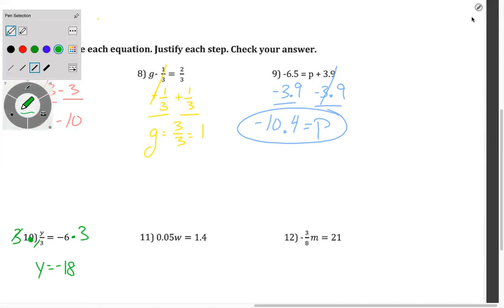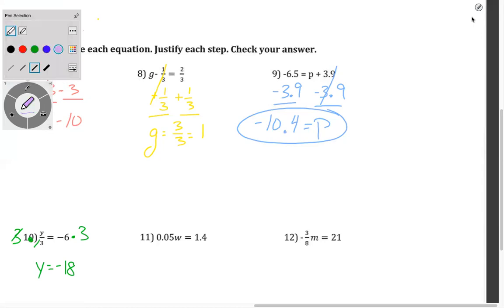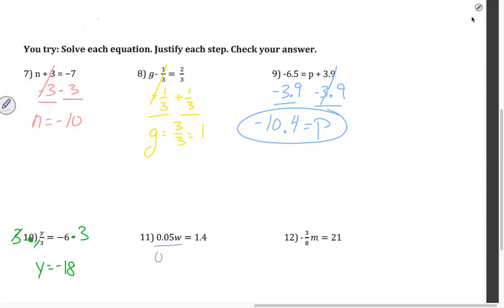Olivia, your favorite color is purple. All right, we'll do purple again. We'll do like a nice little lilac right there. All right, Olivia, how do I get rid of times 0.05? Awesome, divide by 0.05.